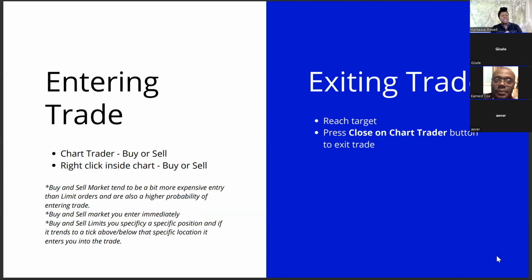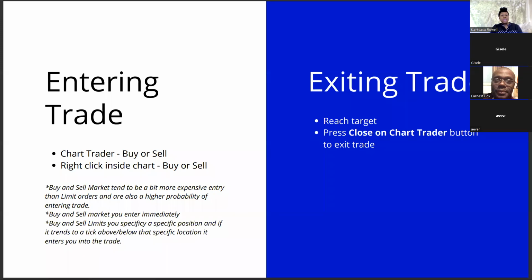With buy and sell markets, as soon as you press it, you enter the trade, whether it's to the upside or to the downside. Now the buy and sell limits, that's when you specify exactly where you want to enter the trade. And if the market trends to that area, one tick above or one tick below, that is when it will get you into the trade.